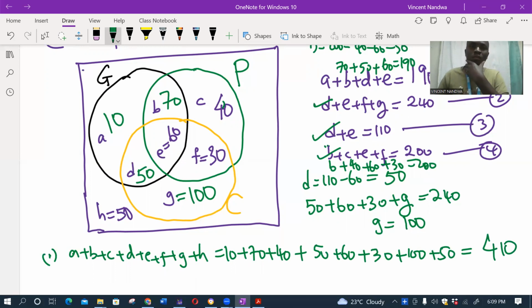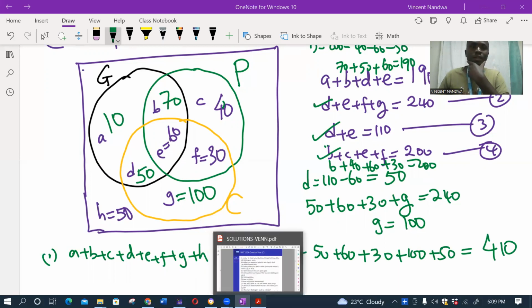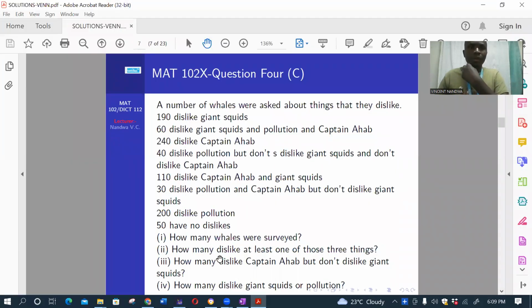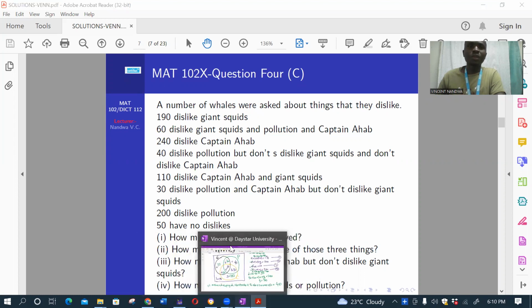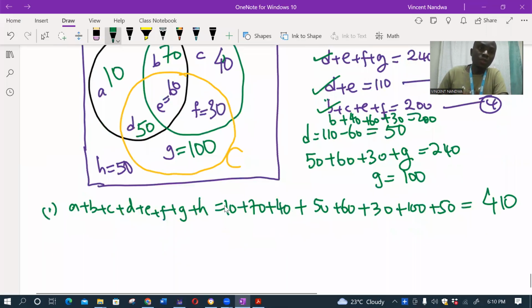So the total number of whales who were surveyed was 410. How many dislike at least one of those three things? At least one means that you need to be somewhere within the circles. So it's the total, which is 410, minus what is not within the circles. So this will give us 360.